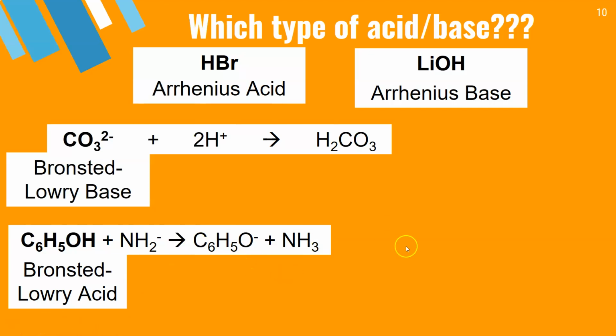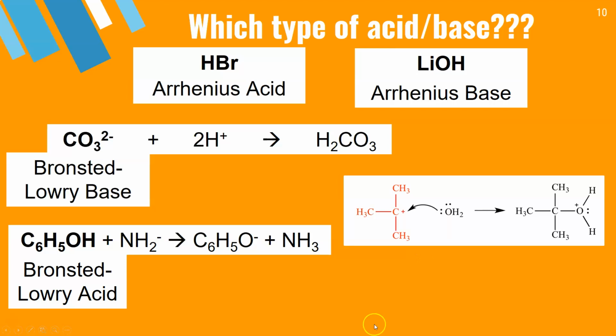All right, now for this next one, one of these is going to be an acid and one of these is going to be a base. You might notice that this is written really weird over here, OH2. That's water, isn't it?